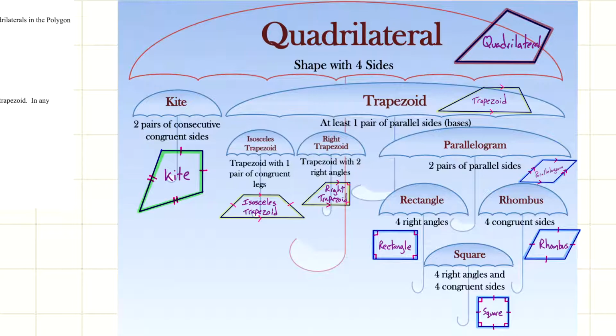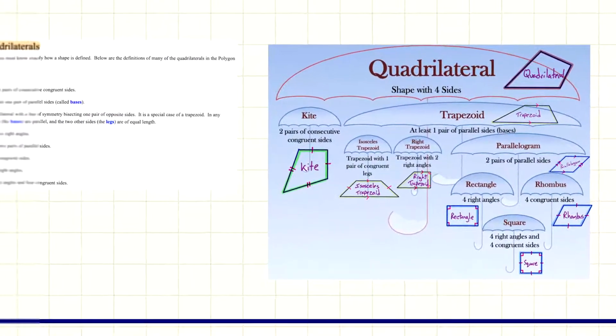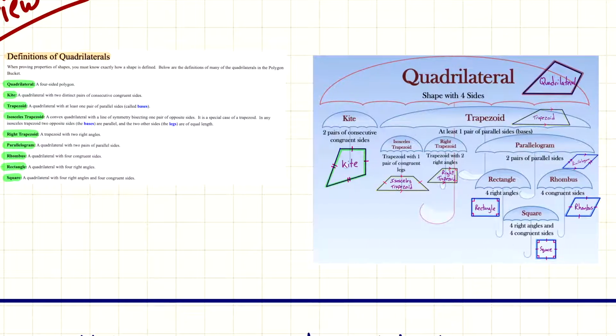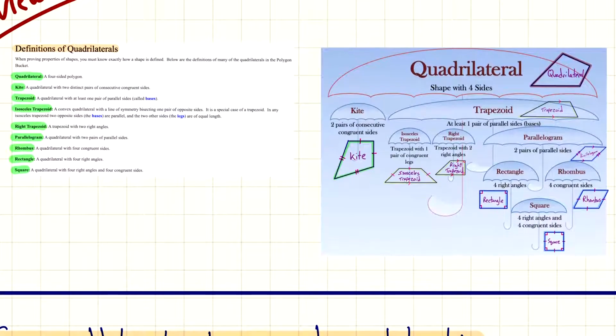So make sure you understand all these little details, definitions, pictures, how to draw them, and maybe even how to put markings in the right place so that you could tell these shapes apart. All right. So when we go over review, I'm going to try to quiz you on this to see if you could tell these shapes apart.